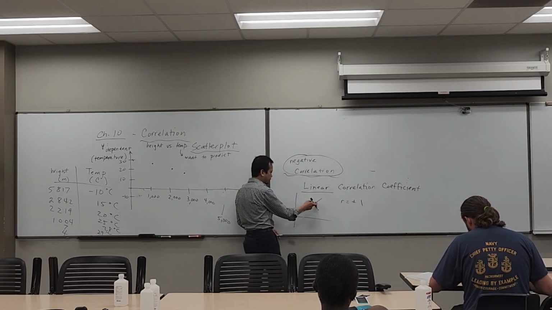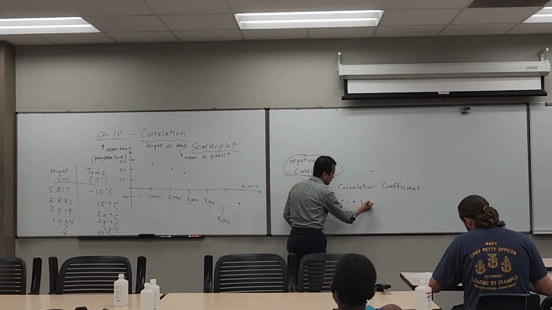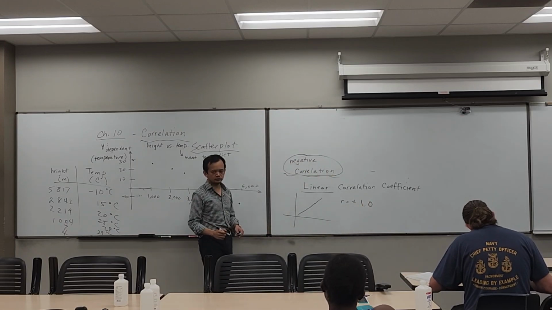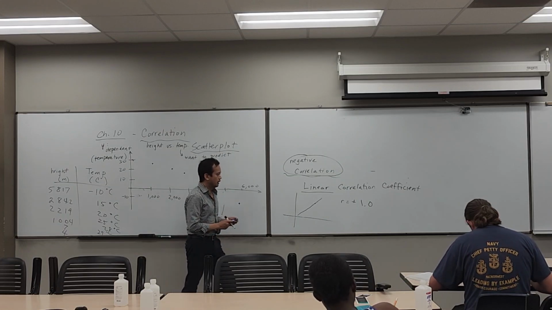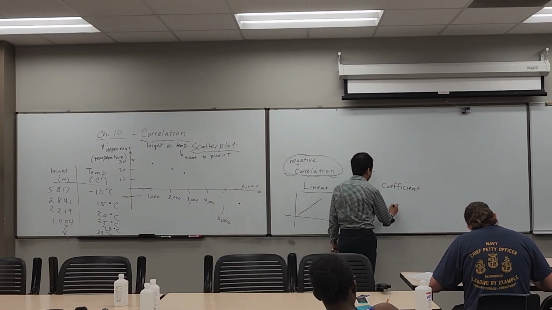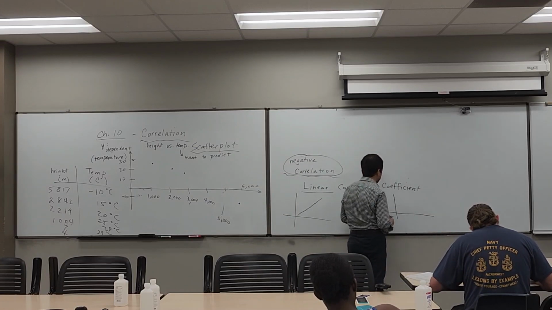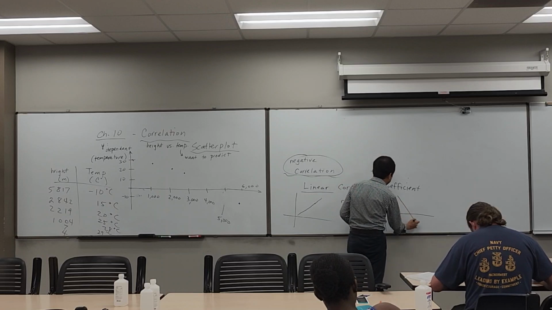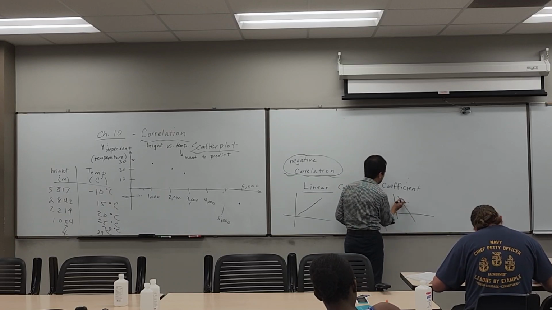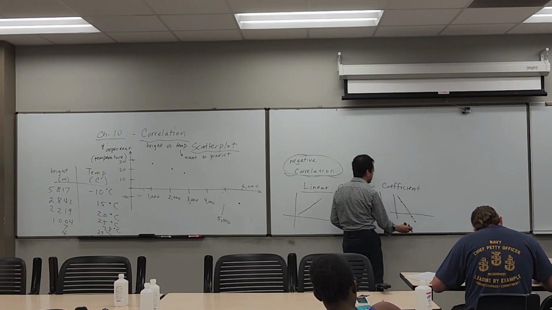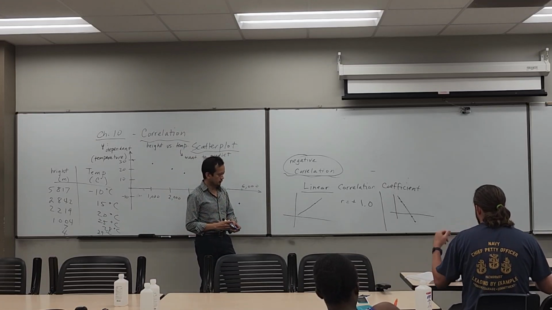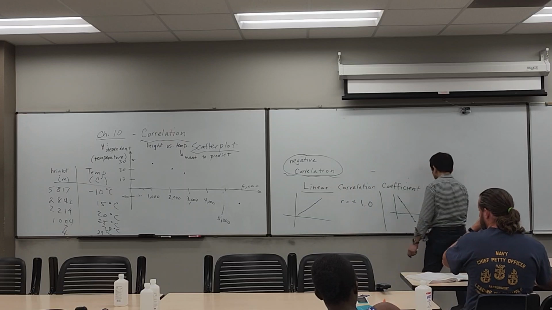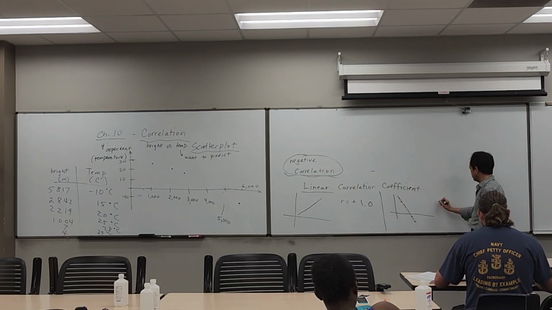And if it goes through all the points perfectly, then we say the linear correlation coefficient is 1.8. So this is the case where you have a straight line that goes through, again, all the points exactly. But in this case, do you have negative correlation or positive correlation? In this case, you have negative, because as x increases, y is decreasing.